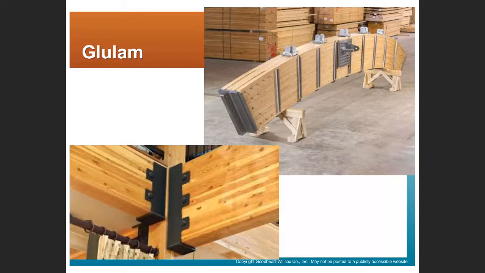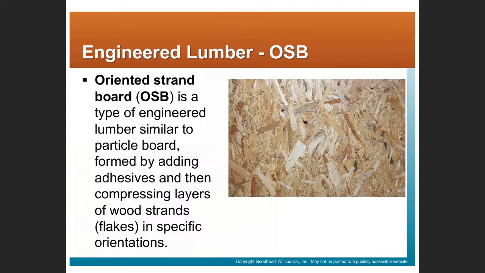So here's some examples of glue laminated lumber. You see structural members here that are deeper than what would be obtained just by dimensional lumber. With that additional depth in the framing member, we can have a longer span. Yes, it would be hard to do yourself.